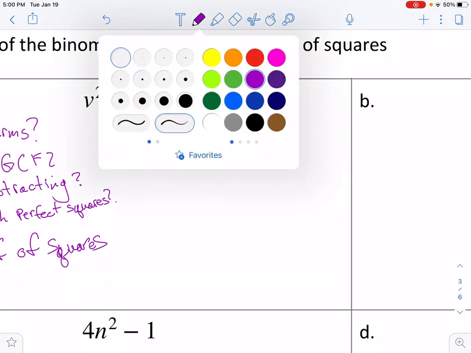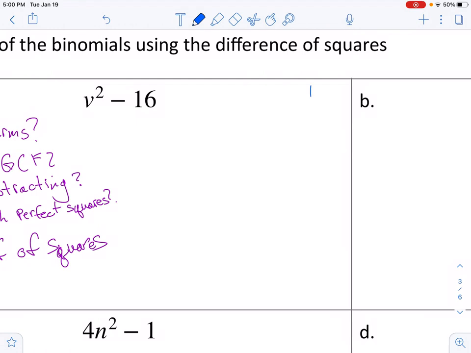It's going to be all the numbers times themselves. So 1 times 1 is 1, 2 times 2 is 4, 3 times 3 is 9, 4 times 4 is 16, 5 times 5 is 25, 36, 49, 64, 81, 100, and then 121 and 144.